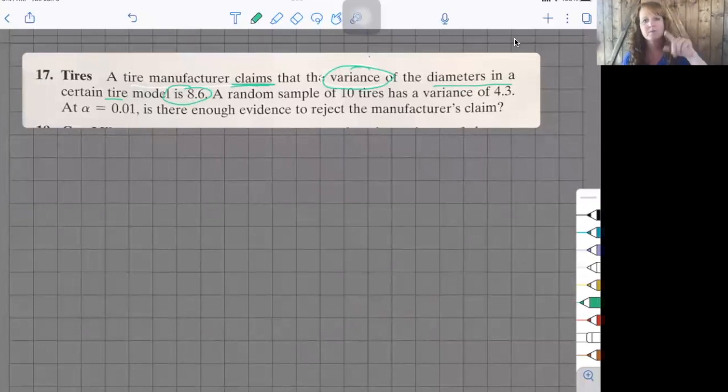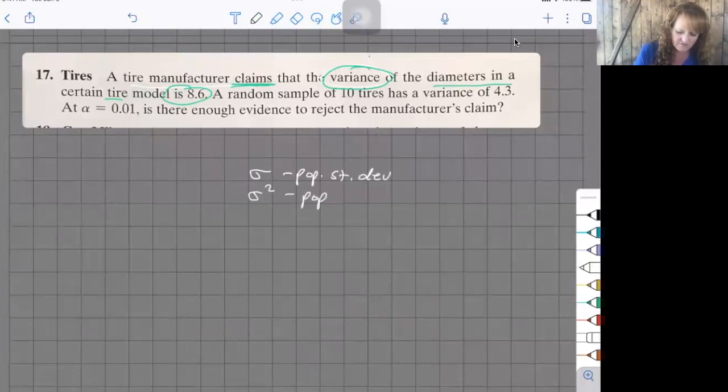Let's remember what the notation is. This is the population standard deviation, and this is the population variance. So these are the two labels that you're going to be using for your hypothesis tests.